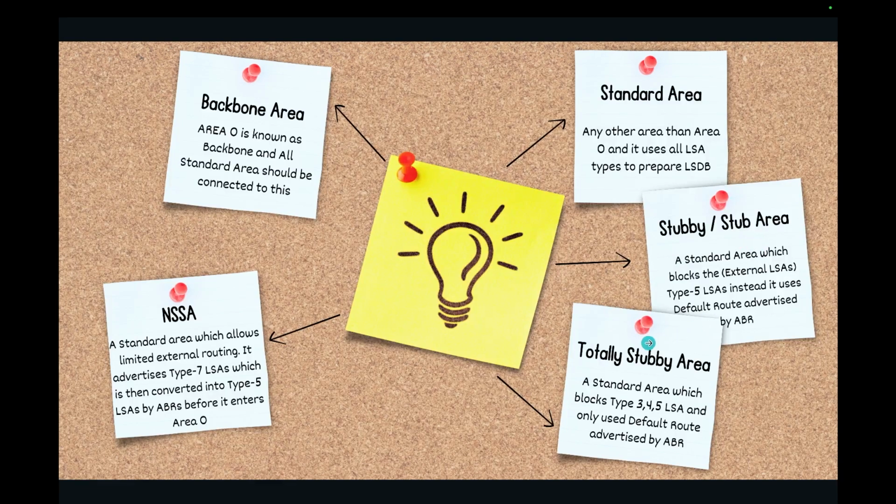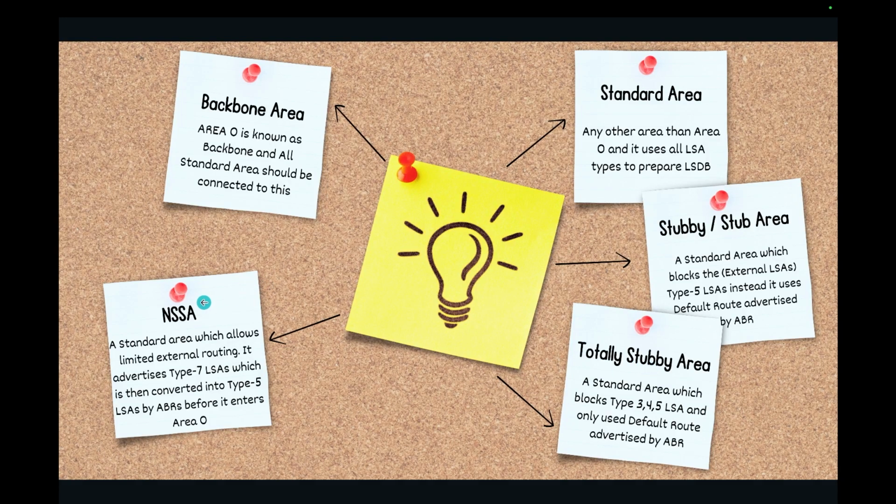Usually a totally stubby area blocks all the types of LSAs, types 3, 4 and 5, and it relies on the default route advertisement by the ABR. So it has the routes that are learned from this area only, and it blocks all the other types of LSAs. It just relies on the default routes. That's the totally stubby area.